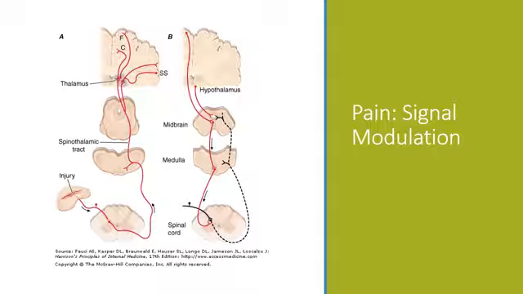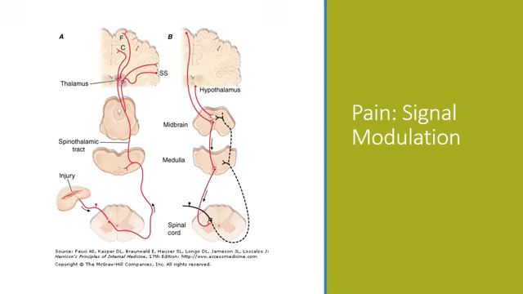Obviously, we get a synapse within the spinal cord, and then the nerve impulse is transmitted upward via the secondary afferent nociceptor. It passes up through the spinal cord, up through the medulla, the midbrain, and then ultimately synapses within the thalamus to a tertiary nociceptor, which is going to terminate somewhere in the cerebral cortex.